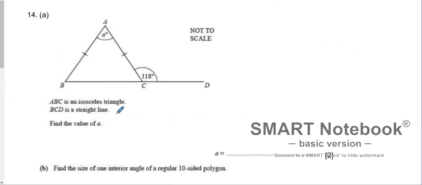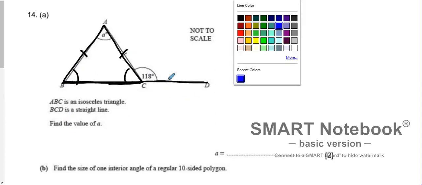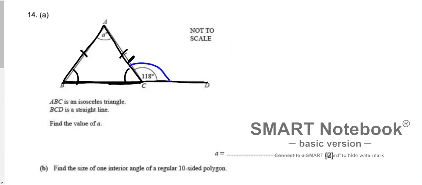ABC is an isosceles triangle, meaning that these two base angles here are equal. Okay, so BCD is a straight line, meaning that when you take this angle plus that angle, it will give you 180.